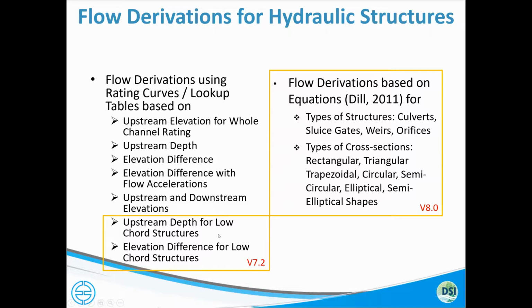But what we've done in 7.2 is we added some capability for what we call low chord structures, which essentially handle bridge obstructions where there's a free flow of water below the bridge, but once the water levels reach the low chord of the bottom deck of a bridge structure, it begins to act more like an orifice, so we can adjust the hydraulics accordingly.